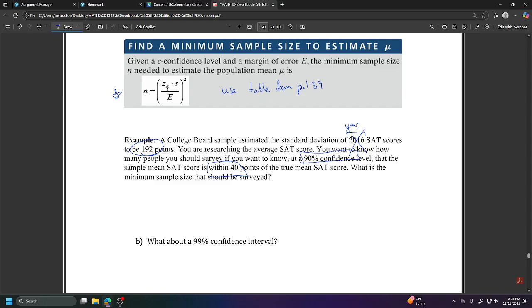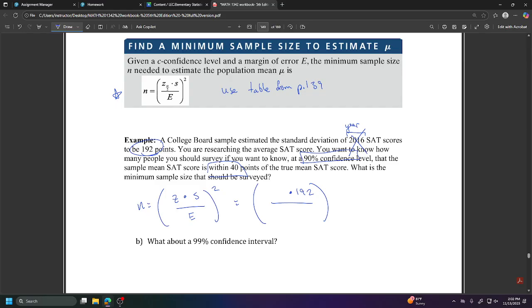Okay, so here we go. My n is equal to z times s all over e, and then all squared. What would be my standard deviation? What's s out of the numbers I have here? What's my standard deviation? 192. Yep, 192. But you're right. So what would be my error?